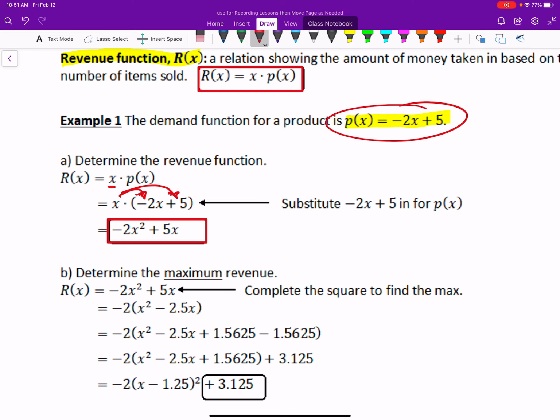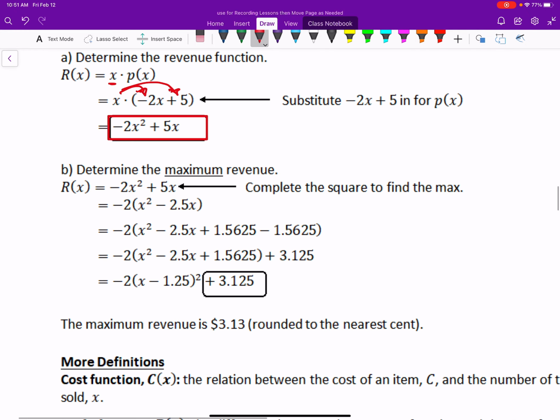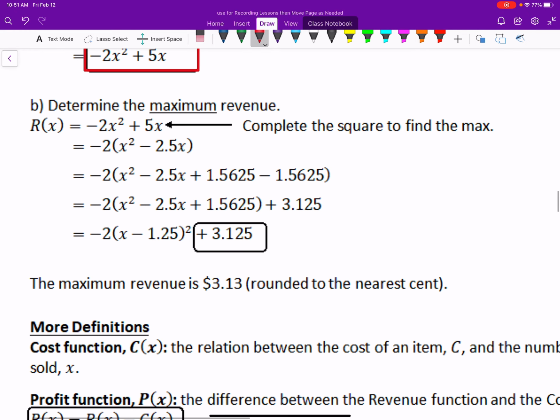If I want to find the maximum revenue that I can get, I want to find the vertex. The easiest way to get the vertex, if you get good at completing the square, is to complete the square. So we've already done a bunch of examples above, so this is filled in for us, but remember we're going to common factor out the negative 2 from these first two terms.